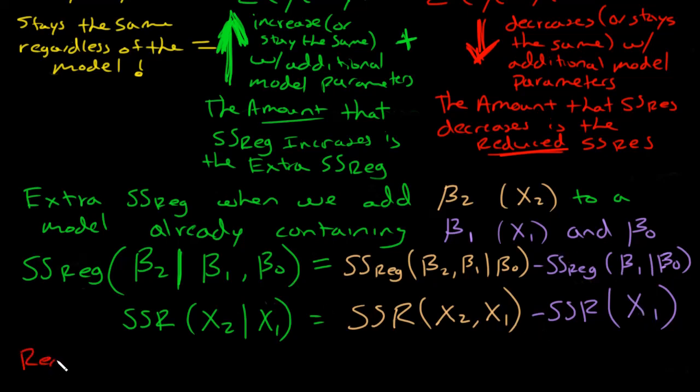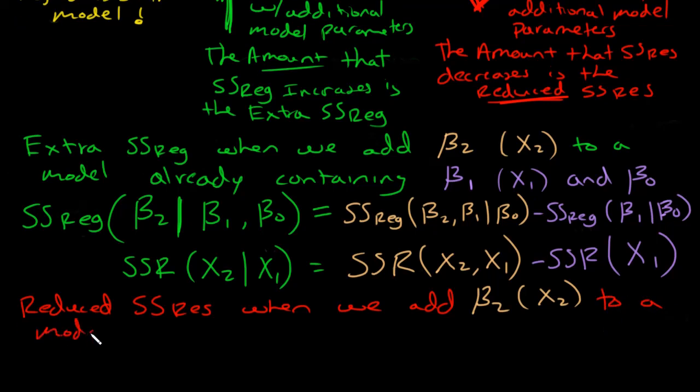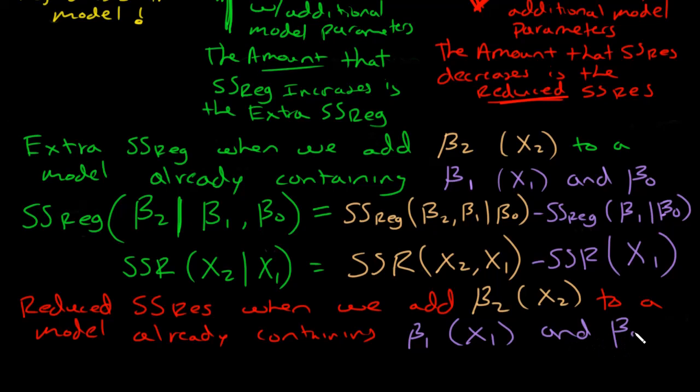What about reduced sum of squares residual? When we add beta 2, which is the same thing as adding x2, to a model already containing beta 1 and beta naught.